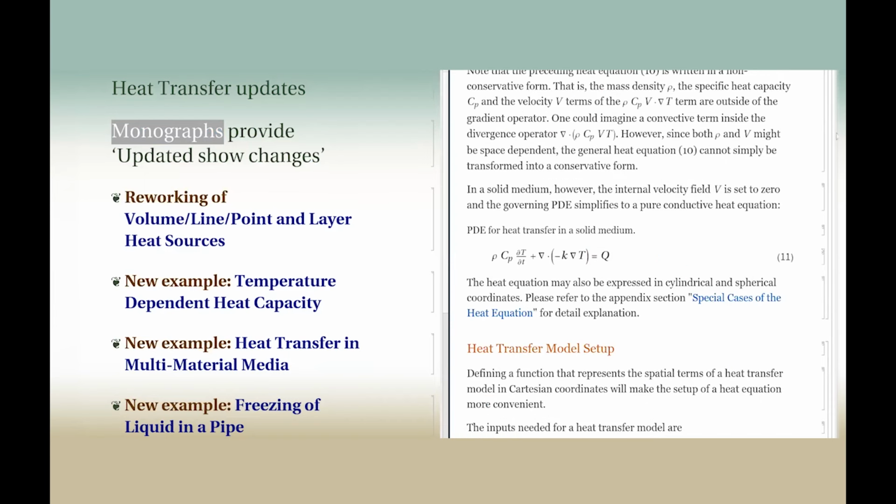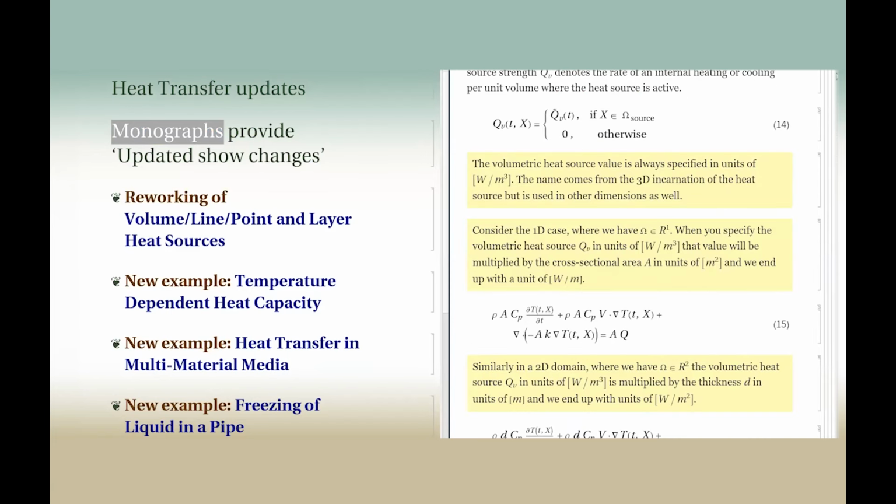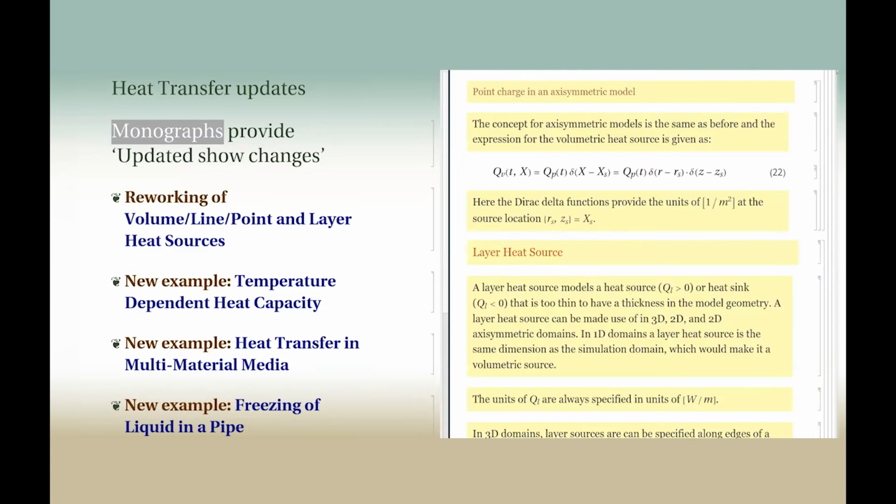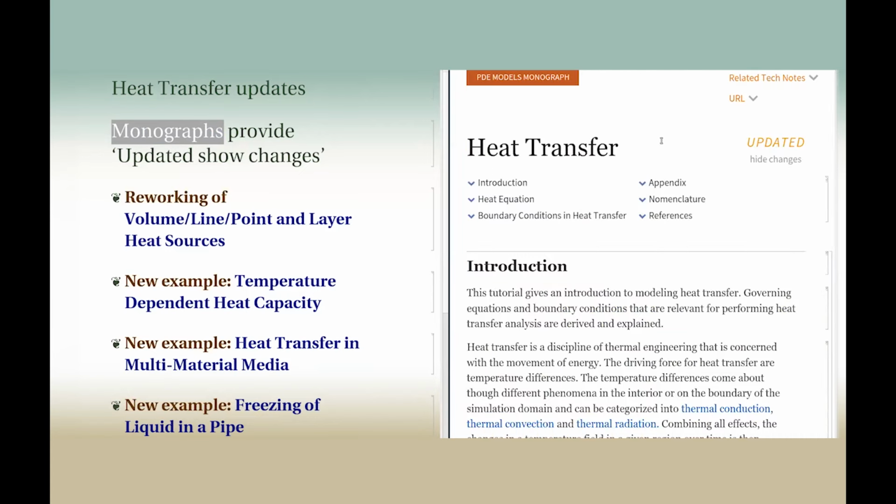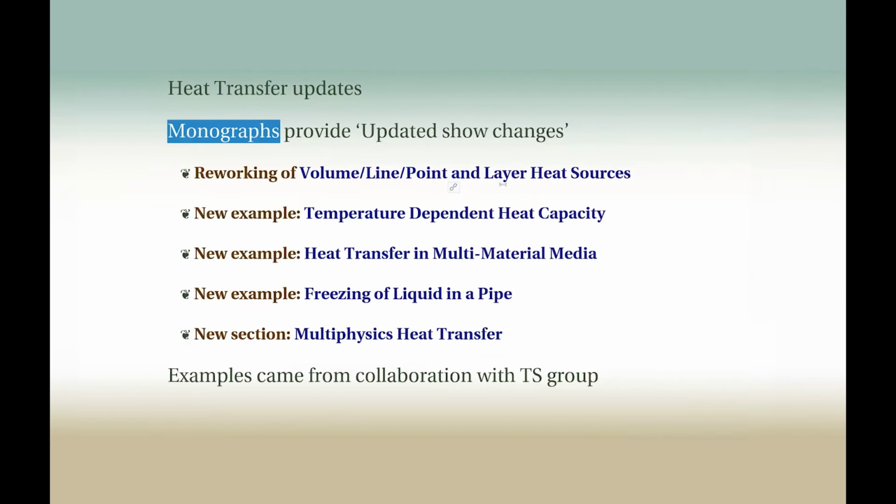The reason we do this is the body of text we have by now is growing fairly large, and we cannot expect people to reread all these monographs from version to version. So that's why we try to make the changes visible with this functionality, basically.